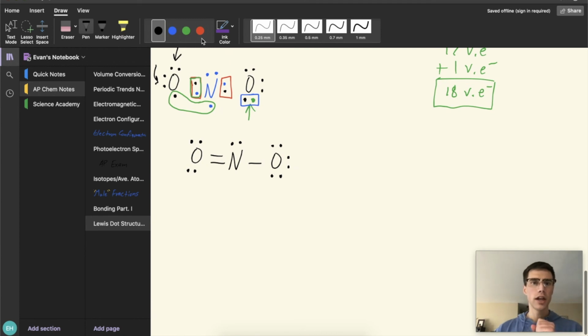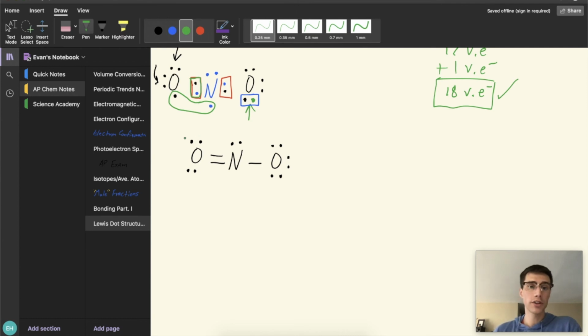Now, let's take a look at the electrons, then the octet, then our formal charges, okay? So we have 2, 4, 6, 8, 10, 12, 14, 16, 18. So we've accounted for all of our electrons, which is great. Have we met the octet? Well, all 3 of these atoms want to fill the octet. So have they all done so?